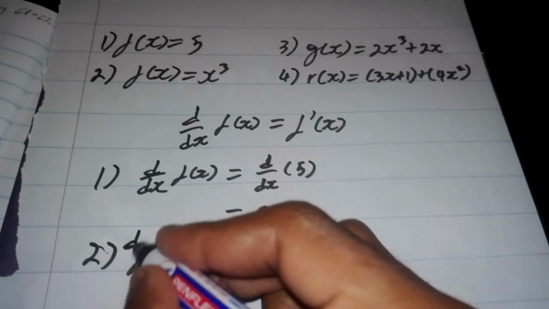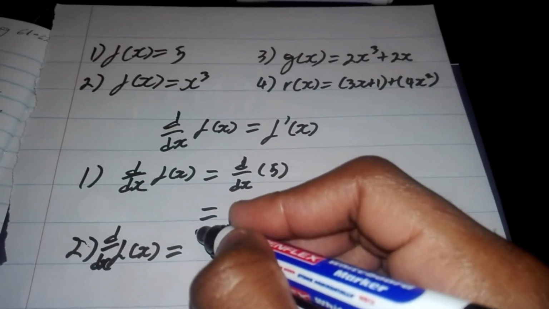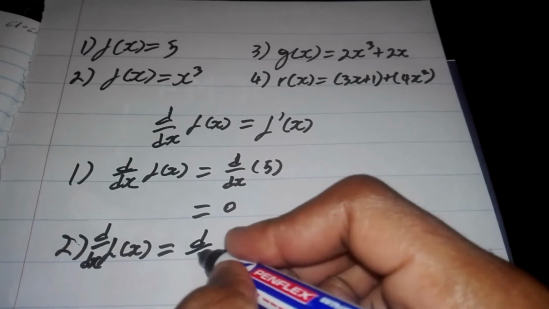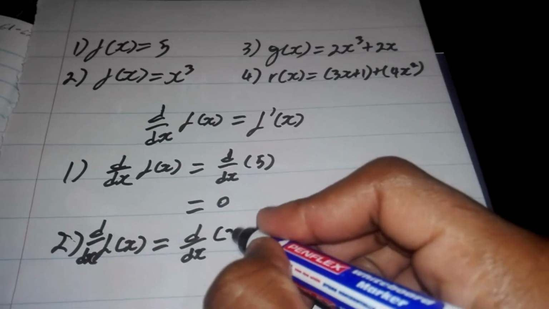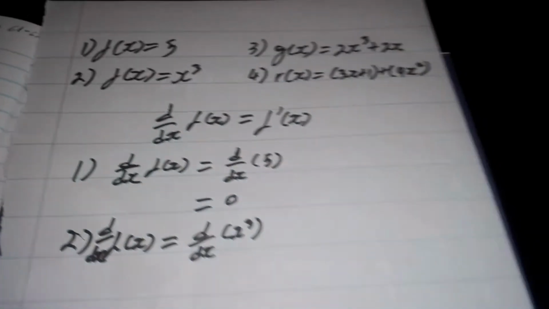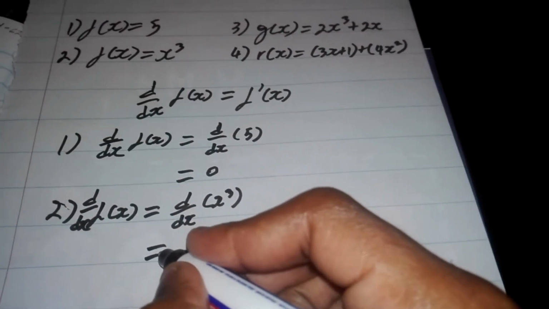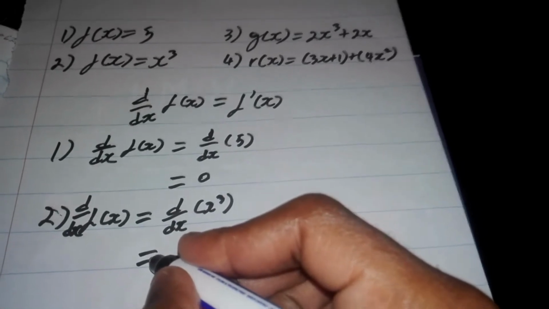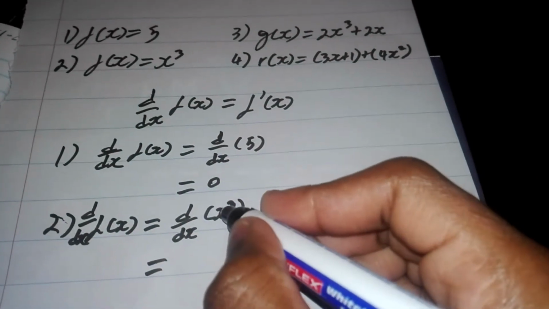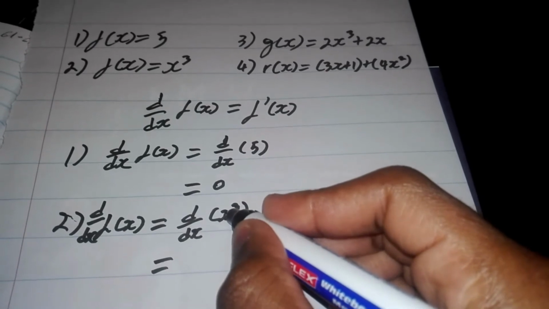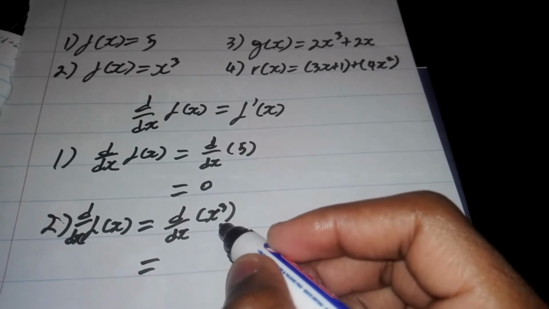So number 2, d over dx of f at x is the same as d over dx of x to the power 3. Now remember the second bullet point of the rules of differentiation says when we have a function x to the power n, when we differentiate it, we take the power to this side and then subtract the power by 1.